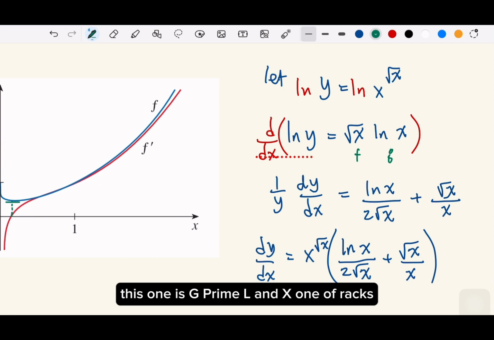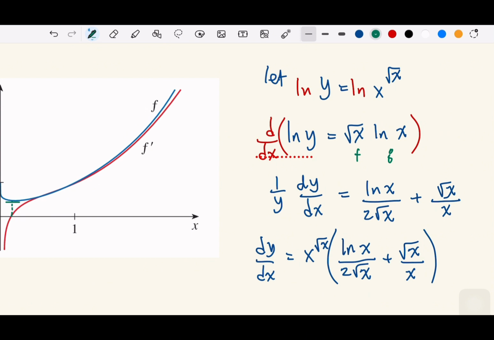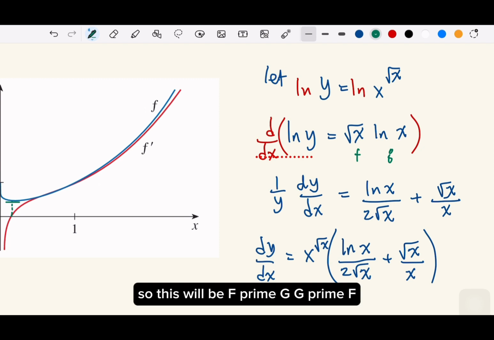This one is g prime, ln x, 1 over x, and multiply with f. Get it? Okay. So this will be f prime g plus g prime f.